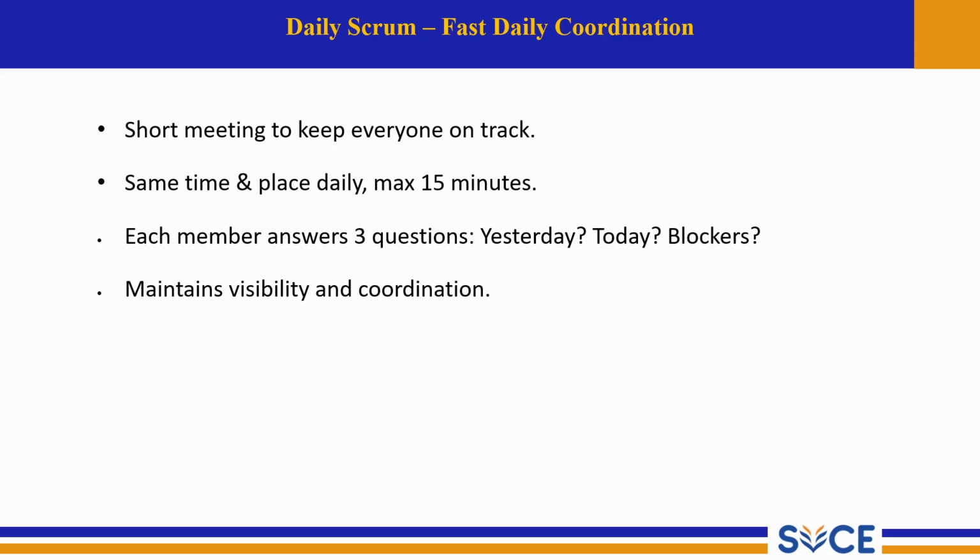It lasts a maximum of 15 minutes. Each member answers 3 questions: yesterday, today, and blockers. It maintains visibility and coordination. In other words, the team shares progress, plans, and problems in just 15 minutes.